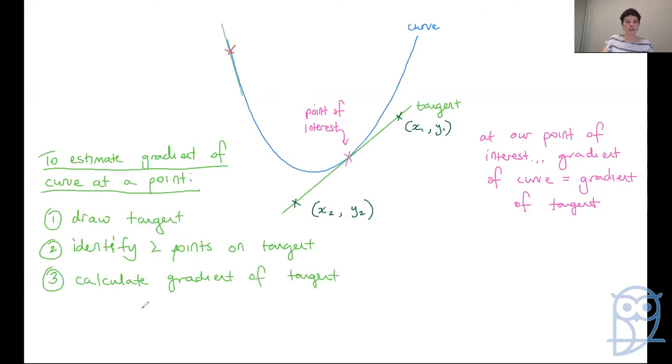So we would use our friendly formula, m equals y2 minus y1 over x2 minus x1. And if we've drawn a good tangent for our curve, then our estimation is going to be very good because our calculation for our tangent will match our curve.